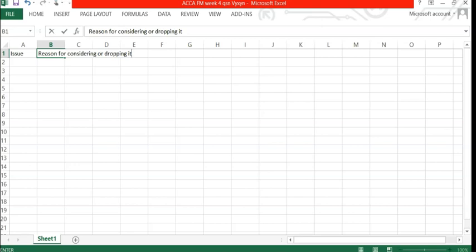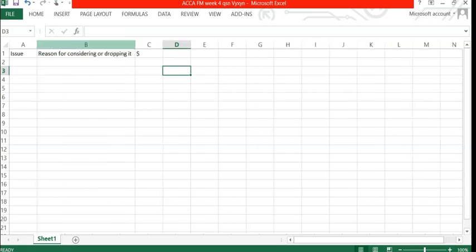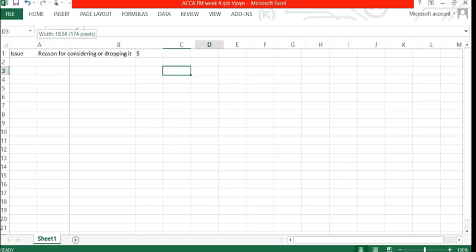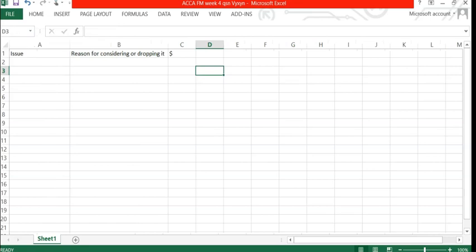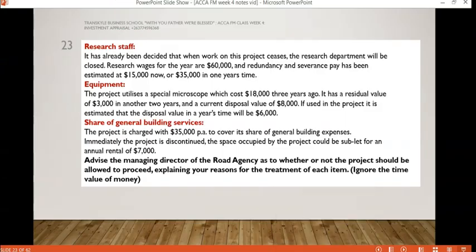And then you put your dollar sign here. Let's do a little bit of formatting because I think this one has to be opened up as well as this one. We can as well increase it up to here. Let's start with the first paragraph and see what we can do with it.